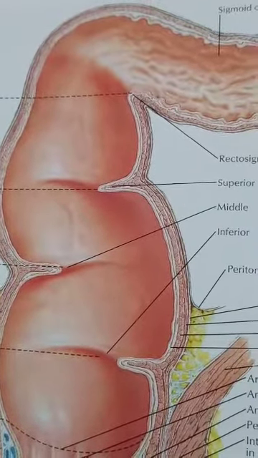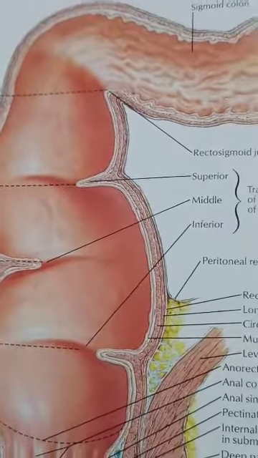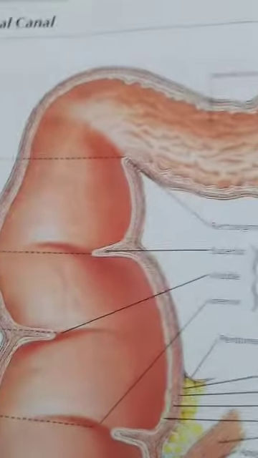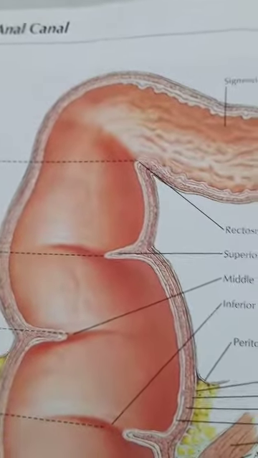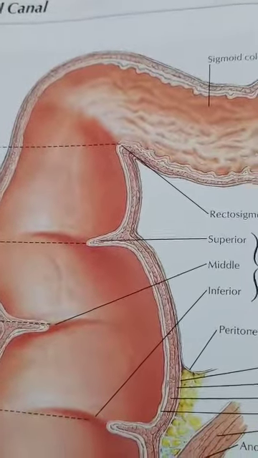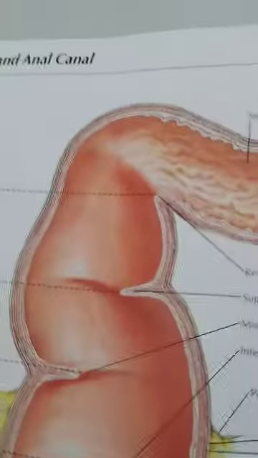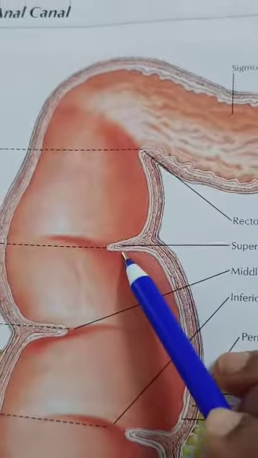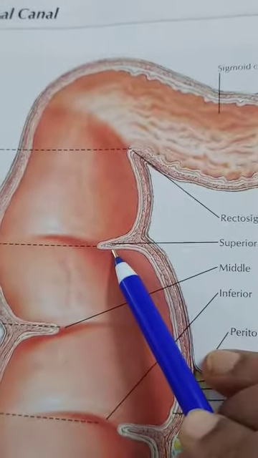The first transverse fold lies near the upper end of the rectum. This is the upper or superior transverse fold.